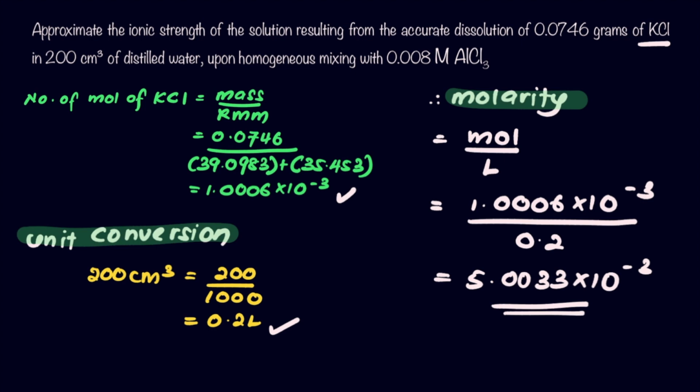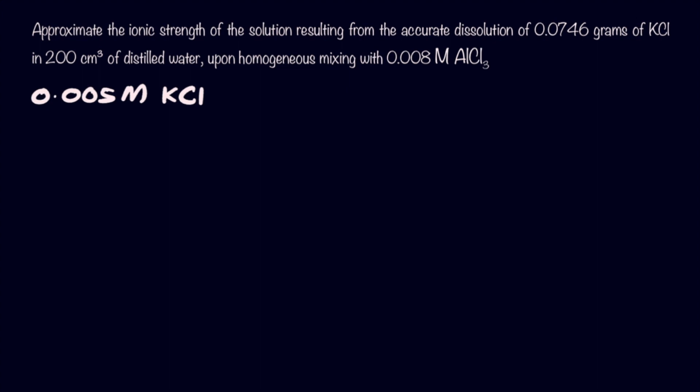So now only we can calculate what is the ionic strength for the mixture of these solutions. So from the calculation just now, we know that the molarity of KCl is 0.005 molar. Therefore, from this KCl, you have K plus and Cl minus.